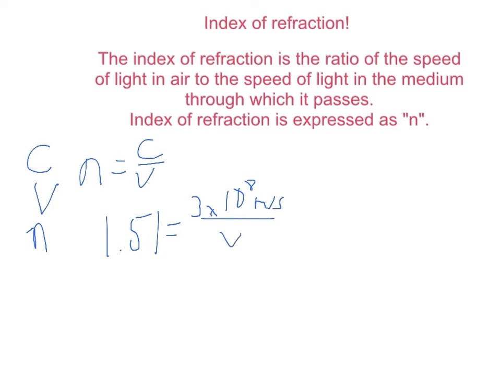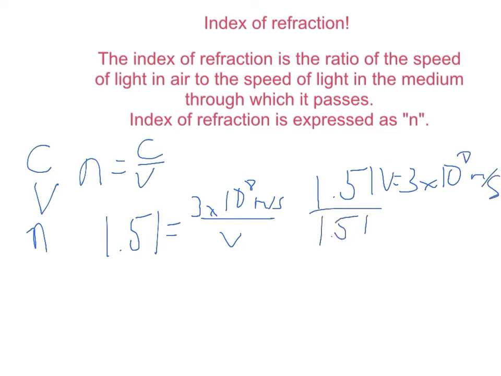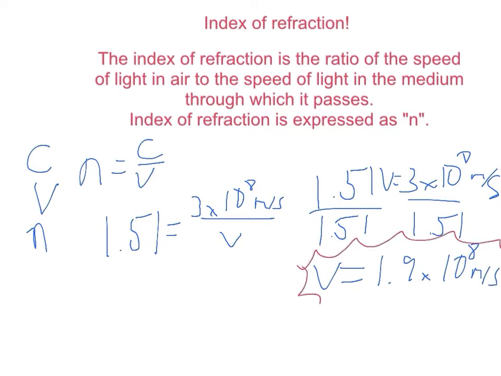Simplified, we could write this out as 1.51 v equals 3 times 10 to the 8th meters per second. And then we could divide each side by 1.51, and we would get v equals 1.9 times 10 to the 8th meters per second. And that is the speed of light in lucite.